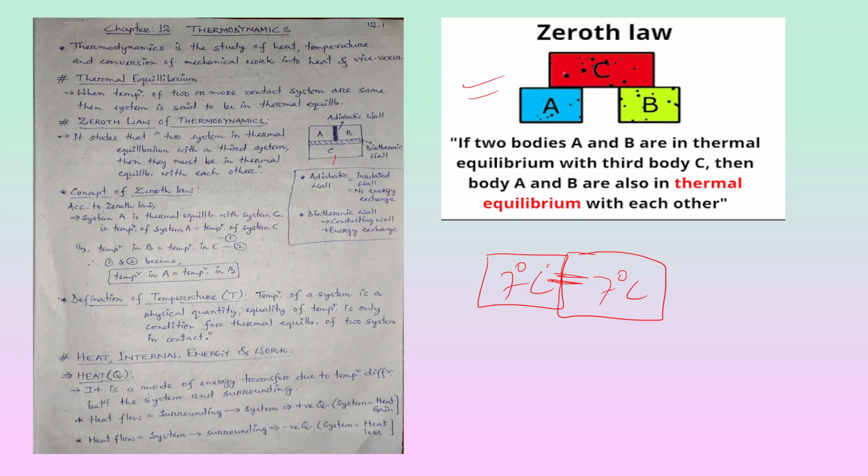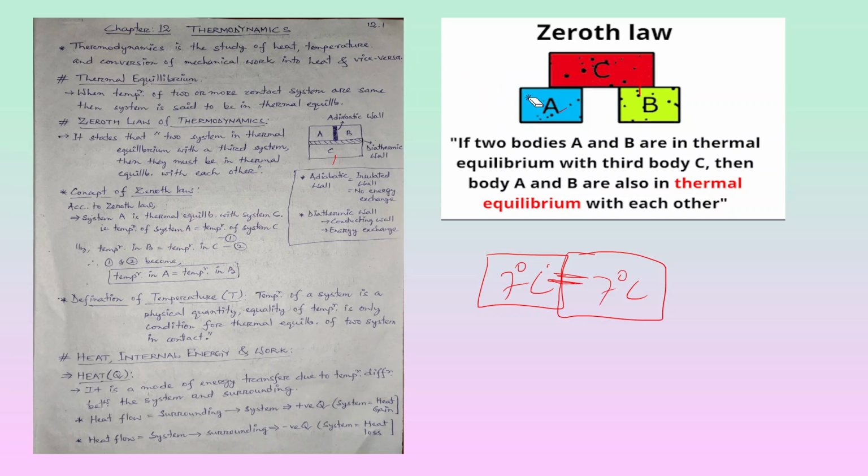That means the temperature of C and the temperature of A will be equal. Similarly, where B and C are in contact, their temperatures will be equal. Then we conclude that the temperature of A and the temperature of B are also equal. That is our zeroth law: if two bodies A and B are in thermal equilibrium with a third body or system, then A and B are also in thermal equilibrium with each other.